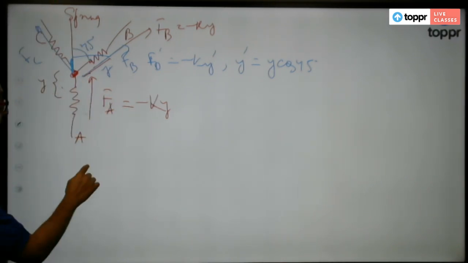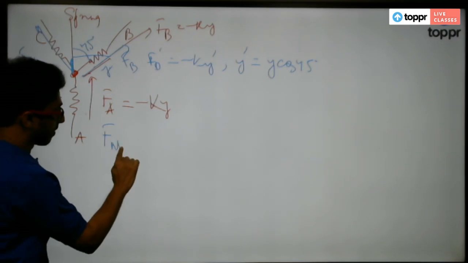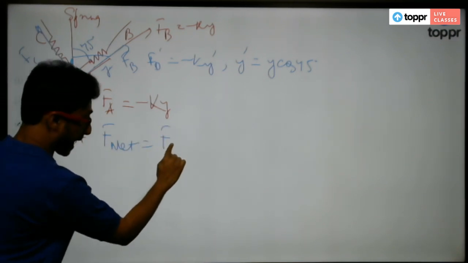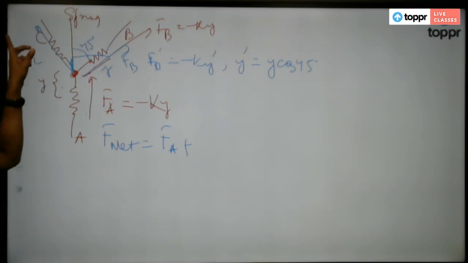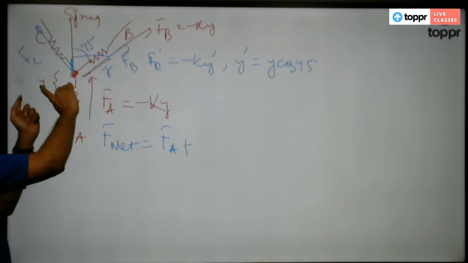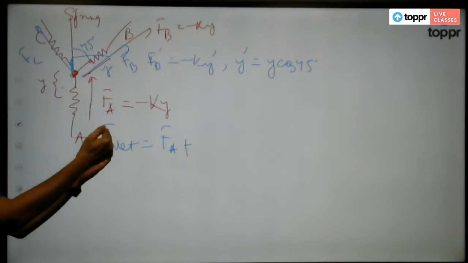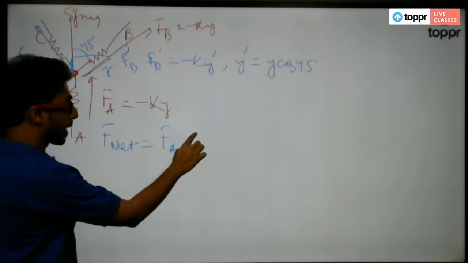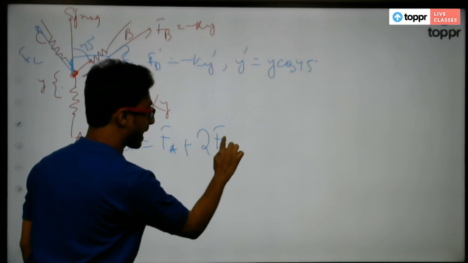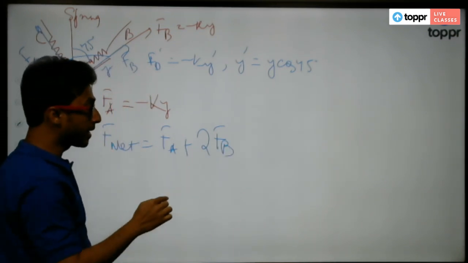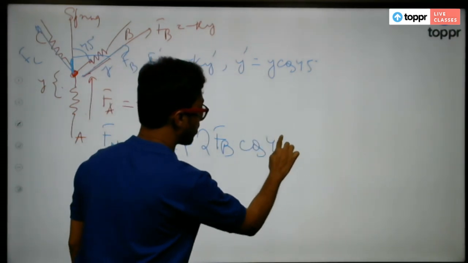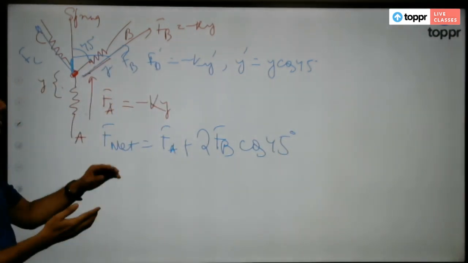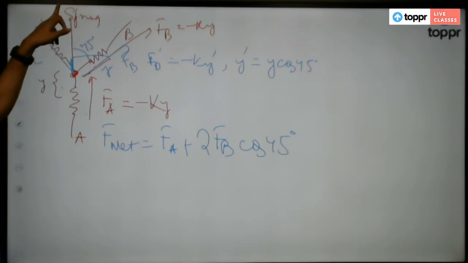So what we can say, the F net is nothing but FA plus FB and FC, they are symmetrical. So if we calculate for one and multiply by 2, it will suffice our purpose. That is 2 FB cos 45, because we are taking the component of force in this direction.